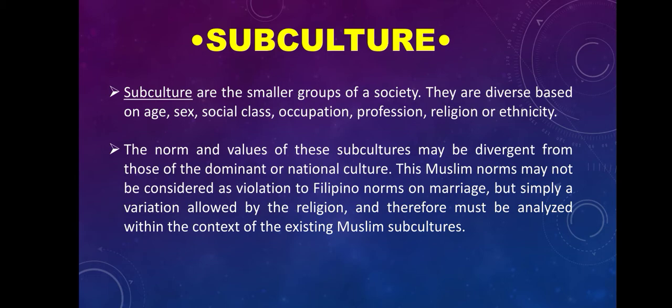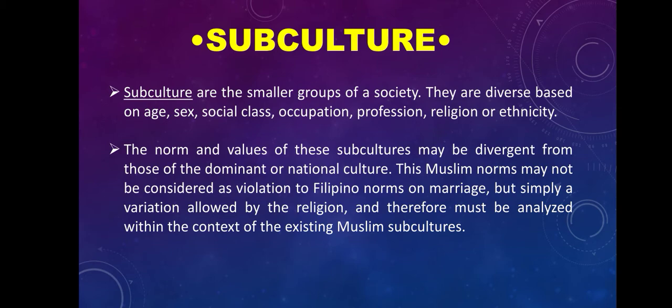The norms and the values of the subcultures may be divergent from those of the dominant or national culture. So, we also have what we call contra-culture or counterculture. From the word itself, contra or counter, it is the opposition or creating conflict with what people are used to. For example, the polygamy and monogamy types of wedding.